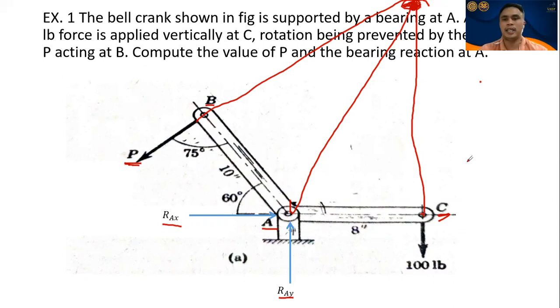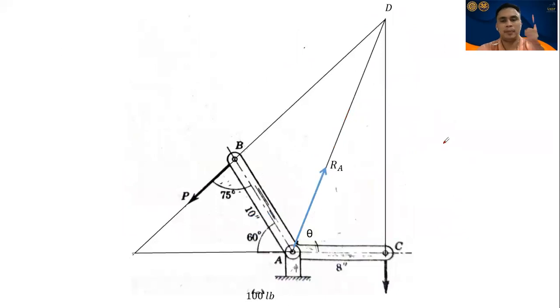So next, class, tan-awon nato ang atong nabuhat nga bag-ong figure. So kani nga bag-ong figure, class, naa siyay bag-ong concurrent point located at point D. Mao ni. So kani, class, duha ka triangle inyong makita ni. Puro ni sila mga right triangle, class.